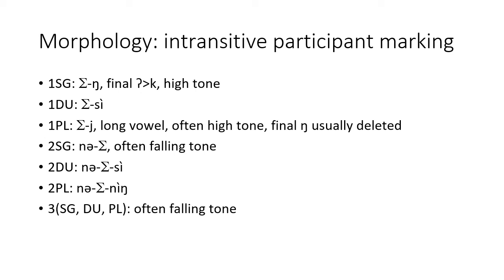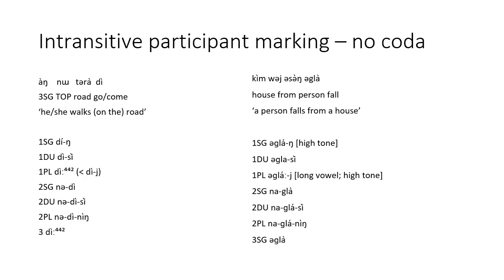For second person singular and third person both have a falling tone often, and they don't have any suffixes. So here are two examples of intransitive participant marking with no coda.